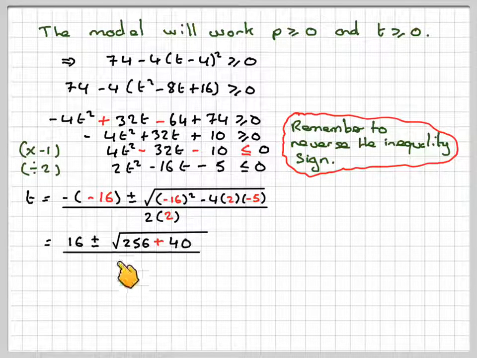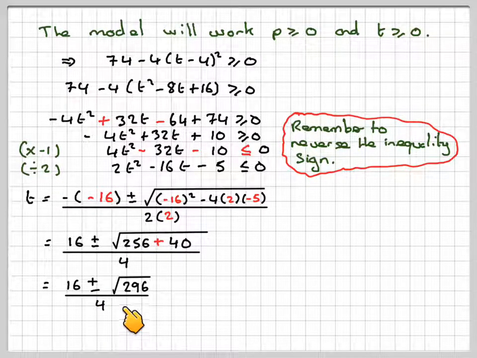That gives me 16² is 256, plus 40. Make sure that minus sign stays in a bracket, otherwise you'll put minus 256 and it won't work for you. And then we're going to have 16 plus or minus the square root of 256 + 40, which is 296, over 4.